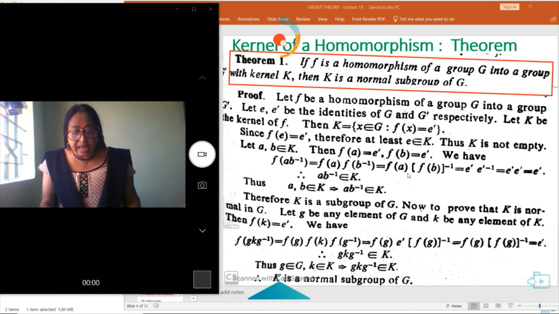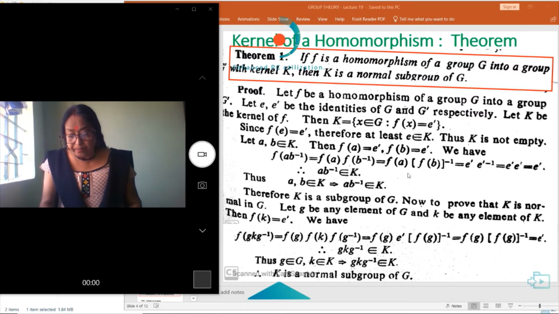So f(g) and f(k) equal to e' and f(g^-1). So f(gkg^-1) is equal to e'. So gkg^-1 is an element of K. So g belongs to G and k belongs to K. This implies gkg^-1 belongs to K. So K is a normal subgroup of G.